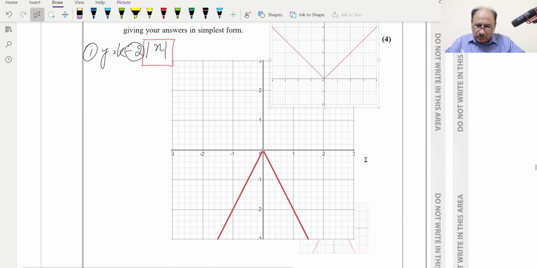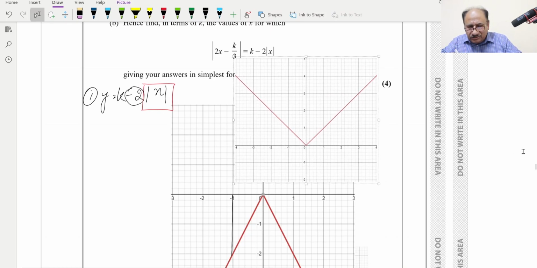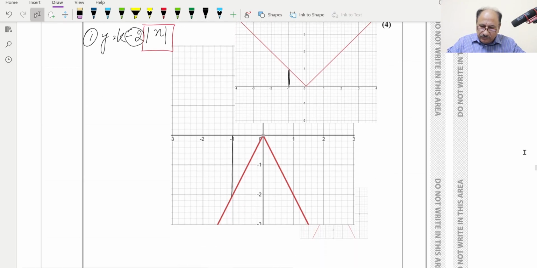If you check this one, this side is 1 unit and this is 1 unit upward, so it is 1 by 1, and in this one it is 1 unit by 2 units: the x value is 1 and the y value is 2 units, whereas in the original the x value is 1 and the y value is also 1.